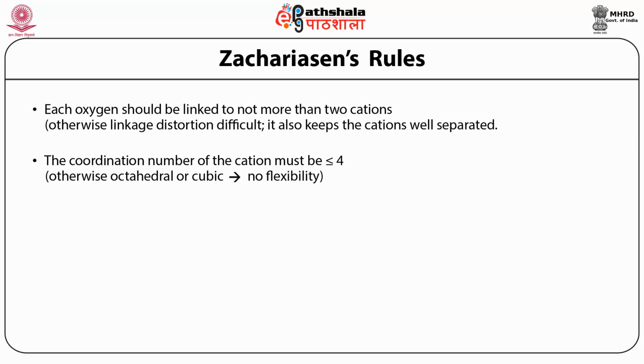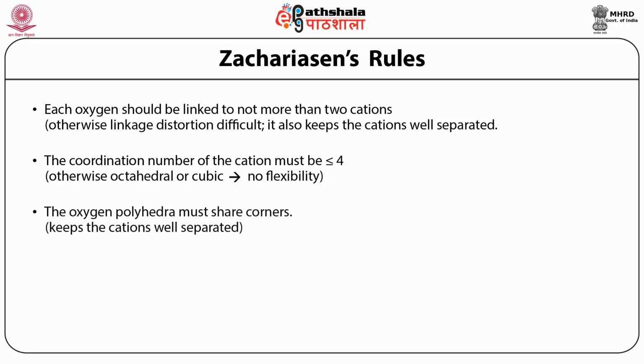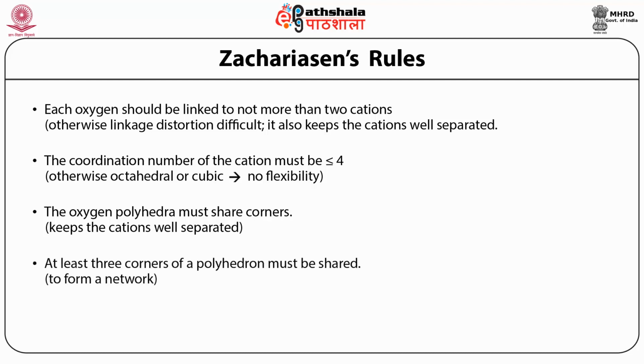The third condition was that the oxygen polyhedra must share corners with each other, not the edges or the faces, just to keep the cations as far apart as possible. Now, the fourth one was that at least 3 corners of a polyhedron must be shared, which is necessary to form a network.